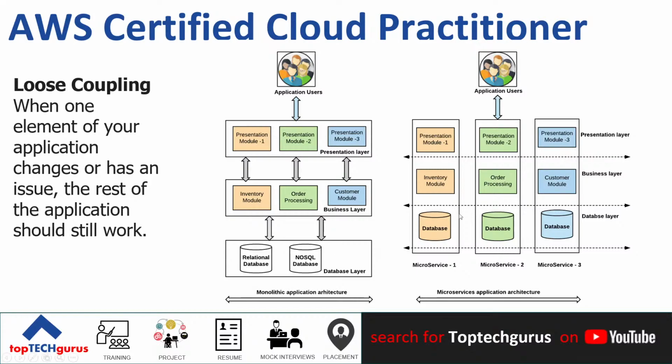So when you have a monolithic application architecture, like on the left, the orange presentation layer could call the green one or the blue one, and the database layer is in one place. So if there is a problem in the database layer in the NoSQL database, that hits any part of the application. So multiple applications could be impacted.